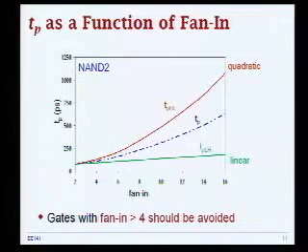So you have a linear increase with the fan-in. For high to low transition, you have increased pull-down resistance and increased capacitance all over the place, so your delay goes up quadratically. And the typical rule, looking at this graph, is that gates with fan-in greater than 4 should be avoided.